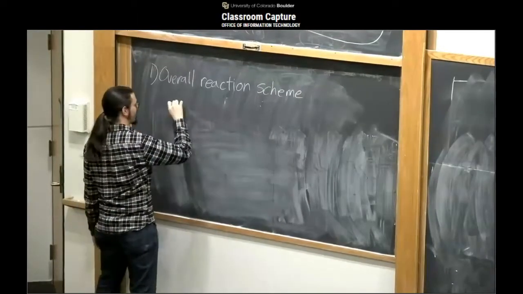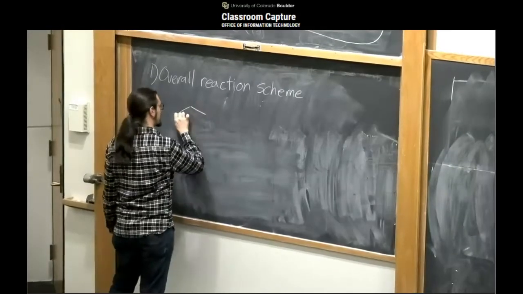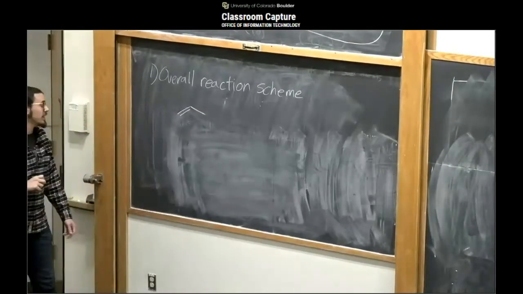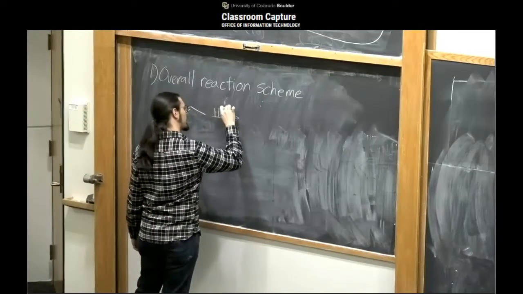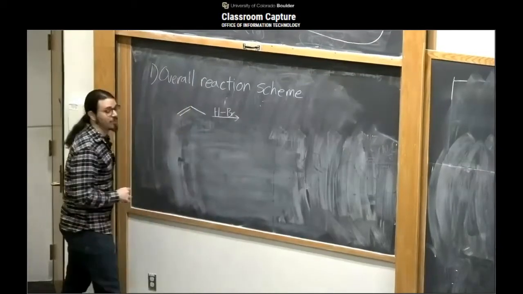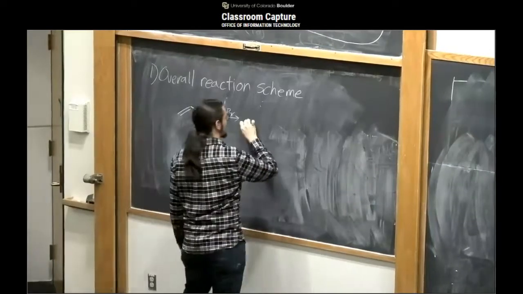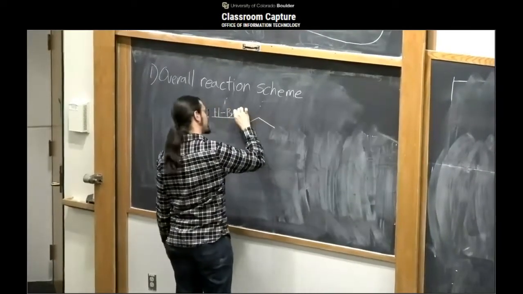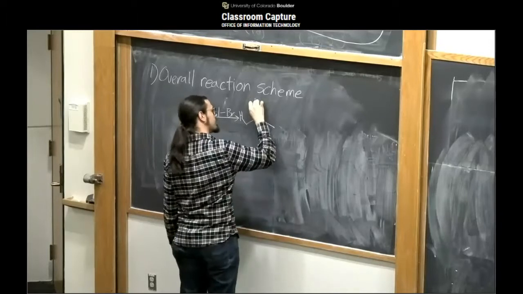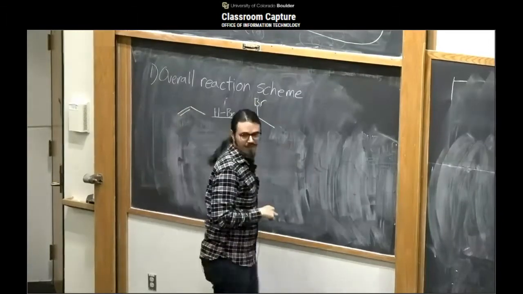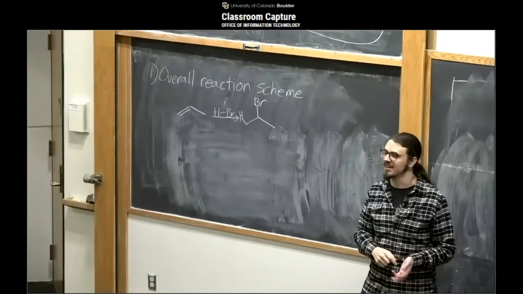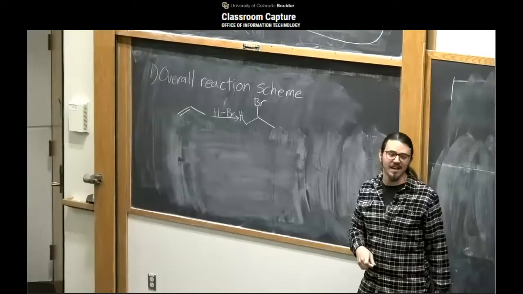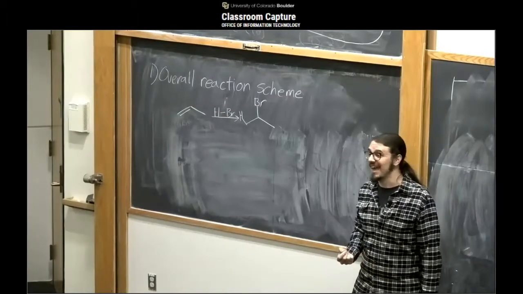For an example of that, we can imagine this reaction with propene and the acid hydrobromic acid to generate this product. This is the simplest way that we can represent a reaction. It goes into the lowest amount of detail and tells us the least about what's actually happening.